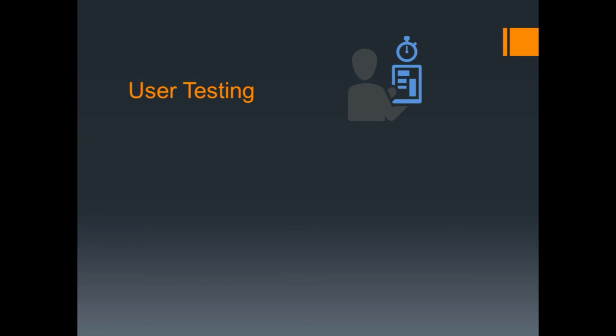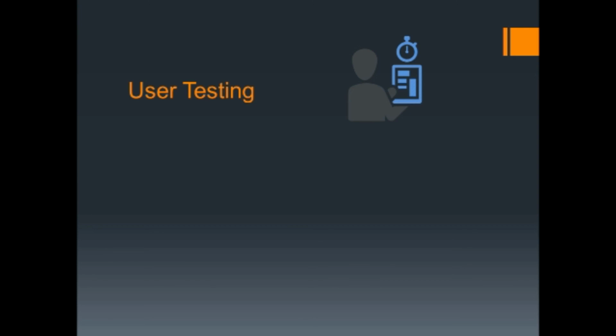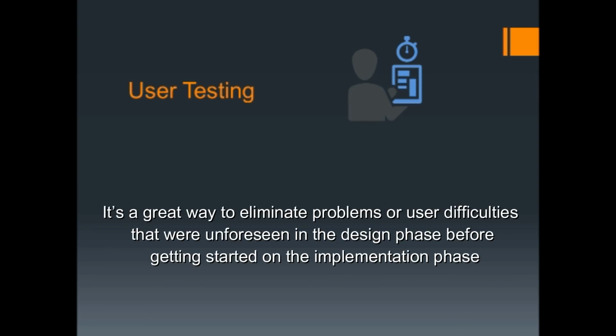Testing is a fundamental part of the UX designer's job and a core part of the overall UX design process. UX designers test because it allows them to improve upon the original product or site design and see if the changes they made during the design phase stand up to scrutiny.